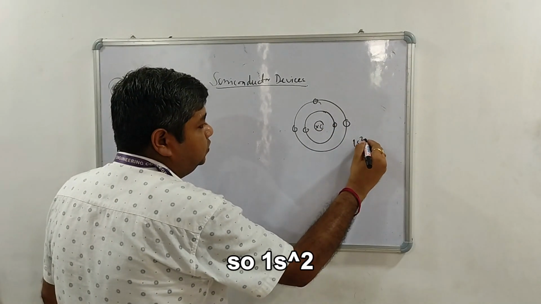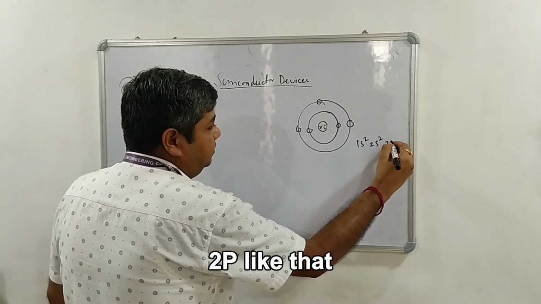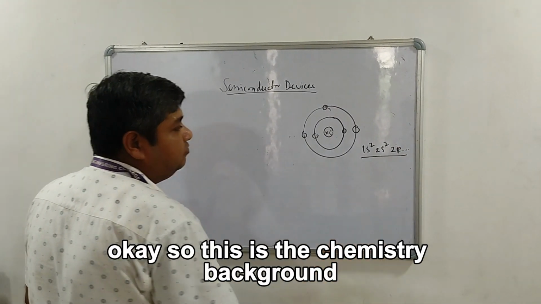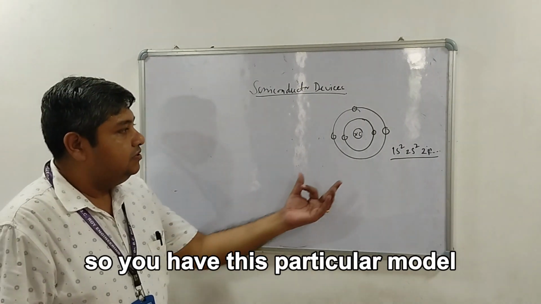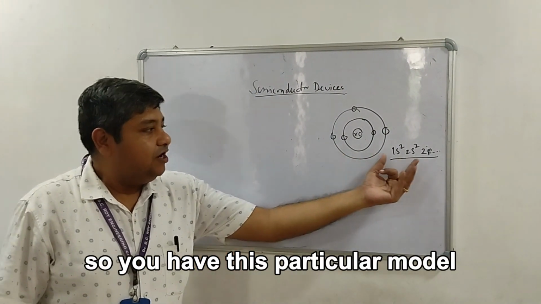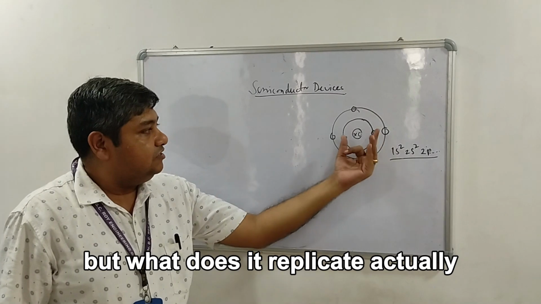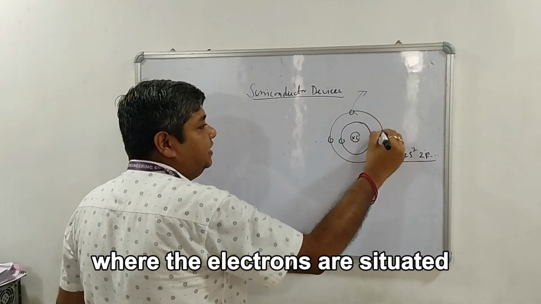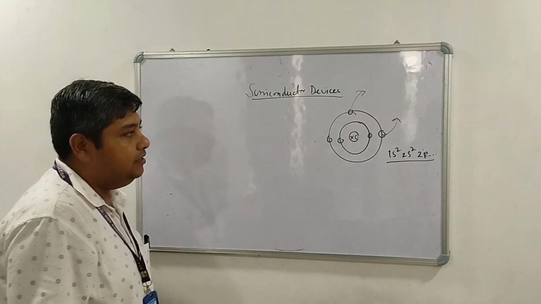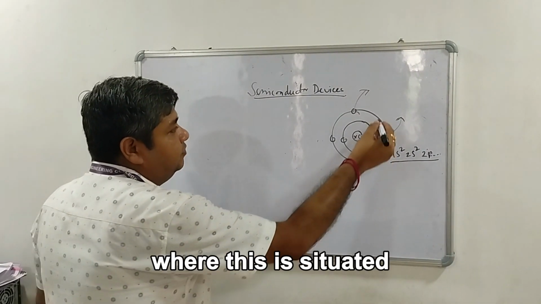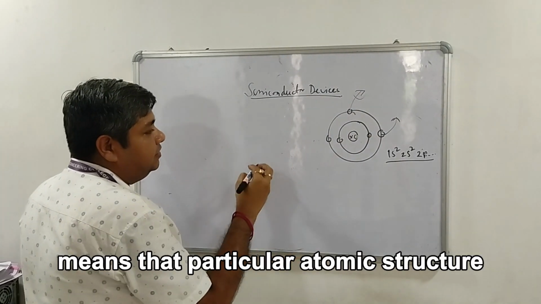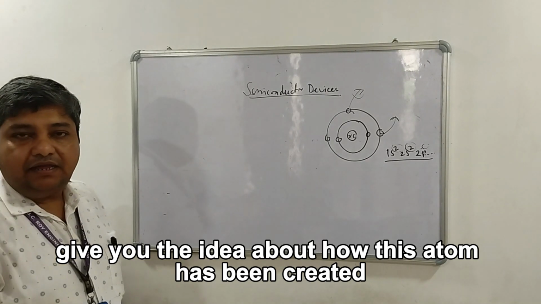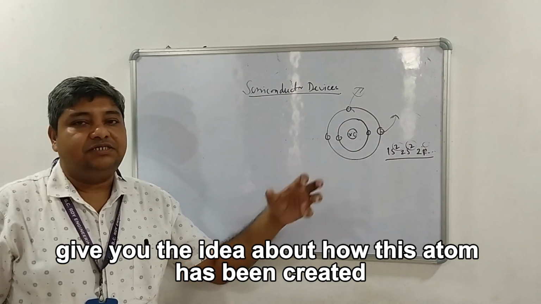So 1s2, 2s2, 2p, like that. This is the chemistry background. We have this particular model, but what does it replicate actually? This replicates the structure of the atoms, where the electrons are situated. That particular atomic structure gives you the idea about how these atoms have been created.